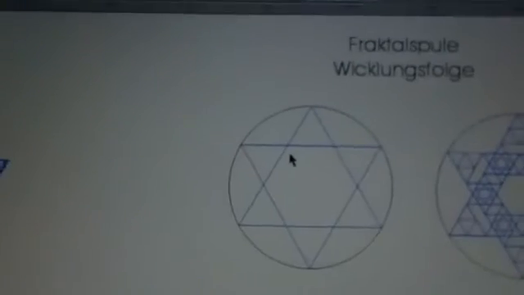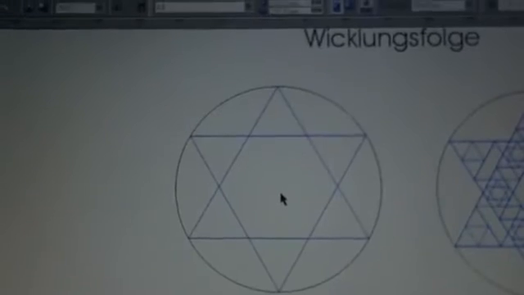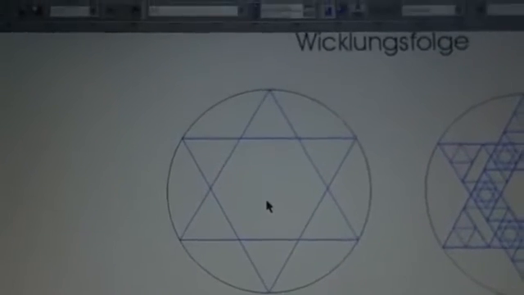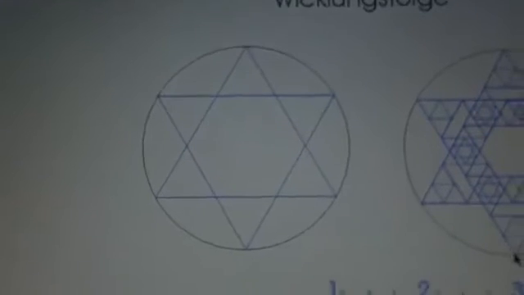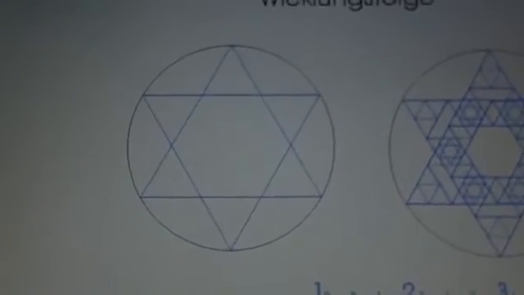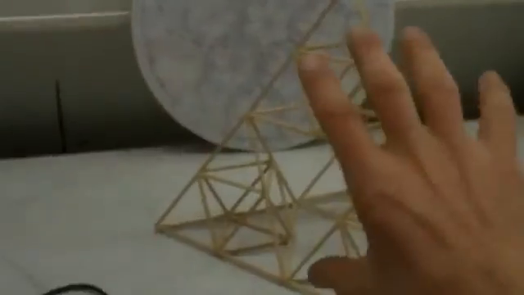You get this Star of David configuration, or tetrahedron form, and you build up a fractal structure. In 3D, it is the Sierpinski fractal. Okay, and you double this.